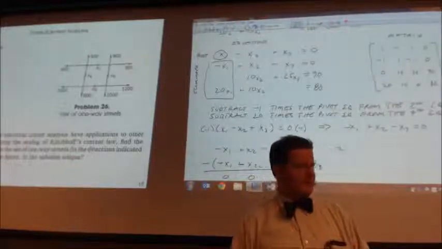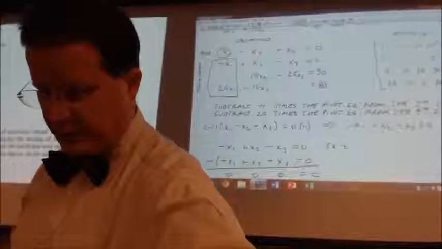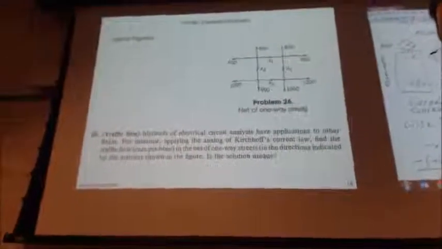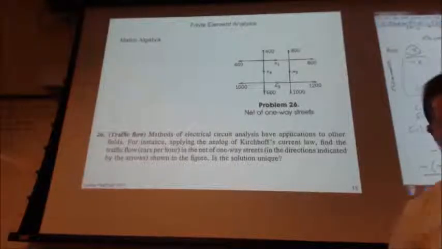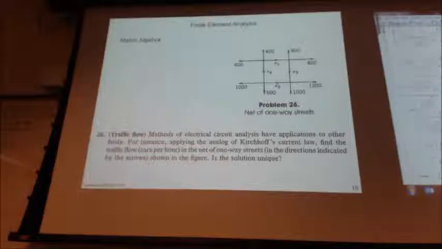So here's another example. Let's see, I'll put this over here for a second so we can see the example. So let's see if we can set up our series of equations for this one.